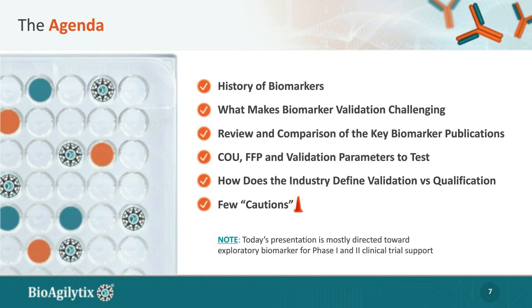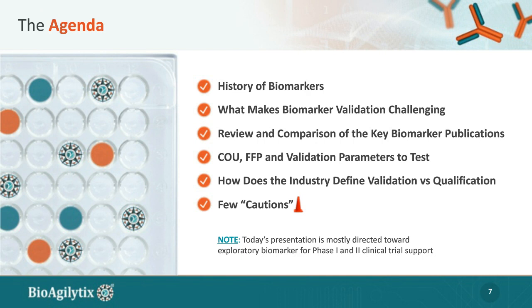For today, our general agenda is to provide a quick history of biomarkers and what makes biomarker validation challenging. We will review and compare several of the key biomarker publications. We will discuss in quite a bit of detail the concepts of context of use, fit for purpose, and validation parameters to be tested and evaluated.